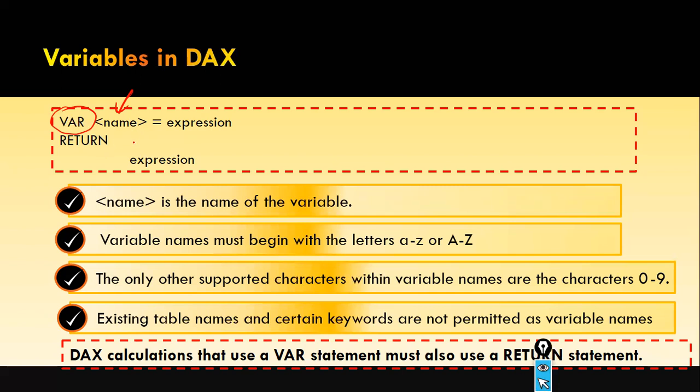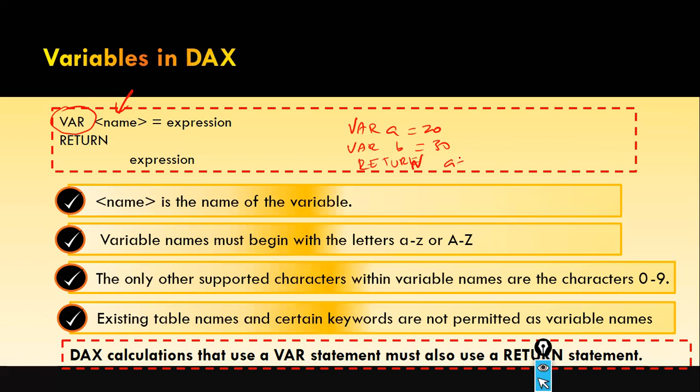For example, I'm going to define a variable like this: var a equal to 20, and I'm going to define another variable, b, equal to 30. And I'm going to return the value. In this case, I don't return both variables.